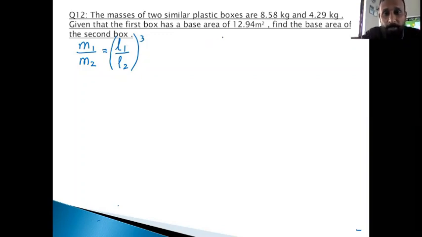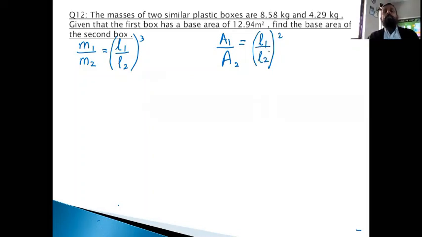We have learned that the ratio of areas equals the square of the ratio of their corresponding lengths. So dear students, this is what we have done. In this question, we're going to use the formula of ratio of masses first and calculate the ratio of their lengths.